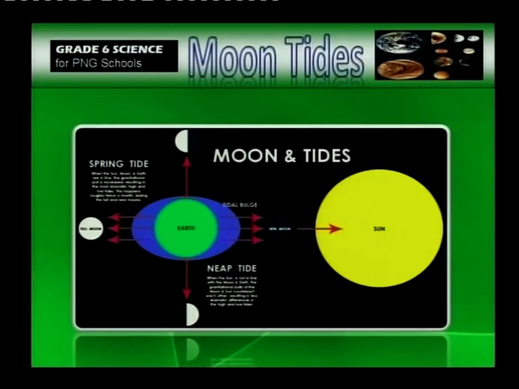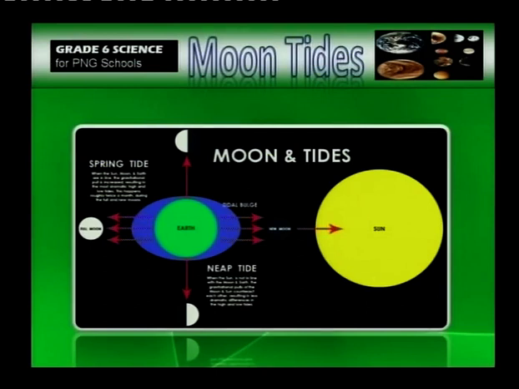Now, the cause of low tide? When the sun is not in line with the moon and earth, the gravitational pull is decreased. And as a result, it causes low tide.